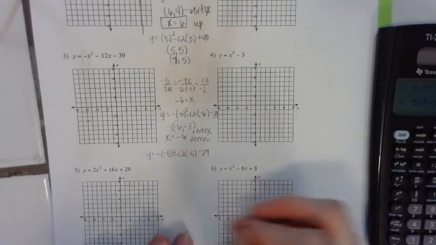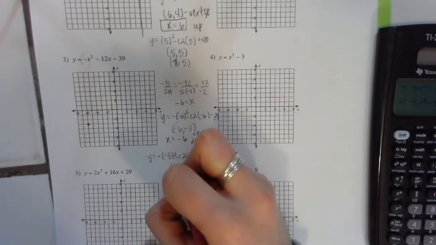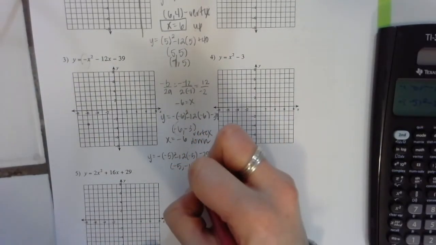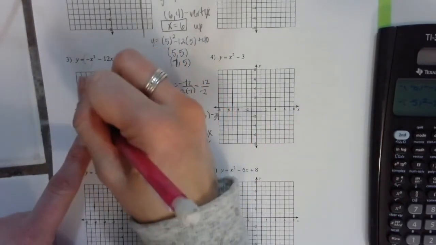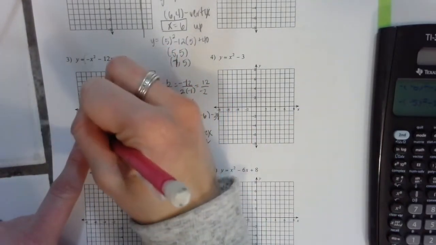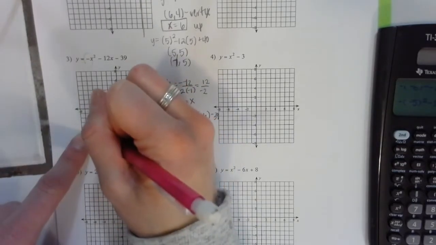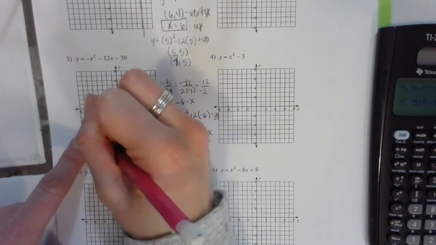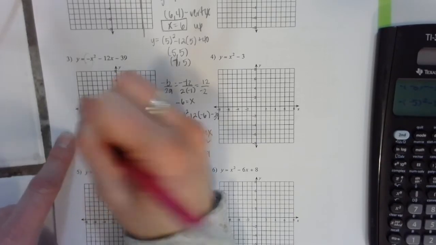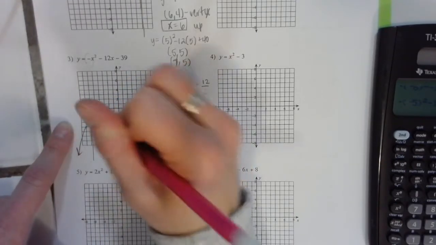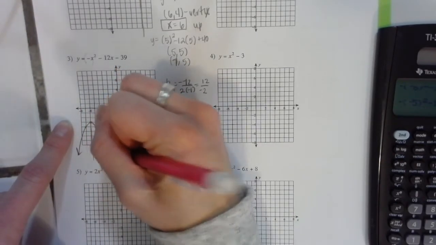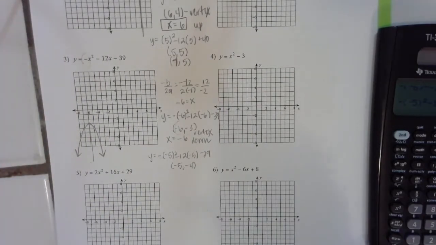So when our x value is negative 5, our y value is negative 4. So we're going to put a dot at negative 5, negative 4. And again, with this axis of symmetry, it's down and to the right. Well, it's going to be down and to the left on this side for our parabola as well, because I should be able to fold our parabola at the axis of symmetry and have all of my ordered pairs match up.